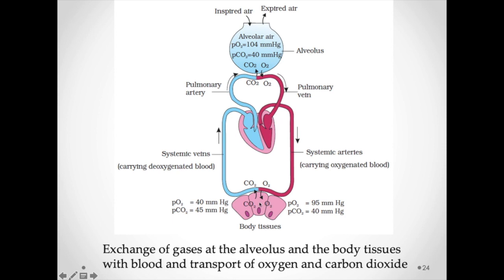Inside the tissue, the process of respiration takes place, during which carbon dioxide is produced as a waste. It diffuses inside the blood, then reaches back to the heart, on the right side of the heart, and again it enters through the pulmonary artery to the alveoli. So diffusion takes place at two places, between the alveoli and the blood capillaries, and between the body tissues and the blood capillaries over here.